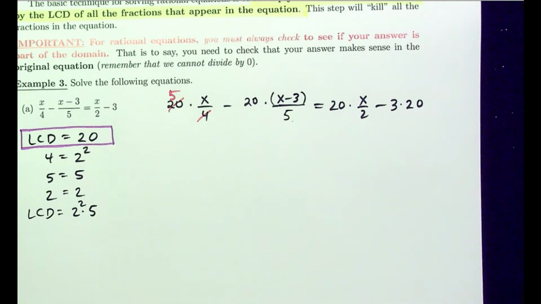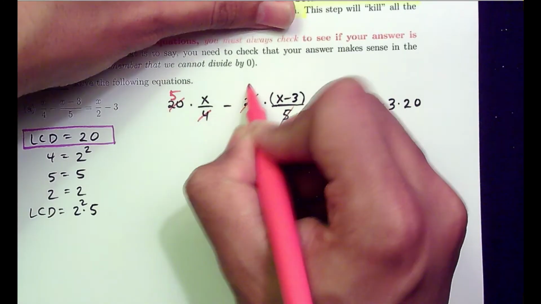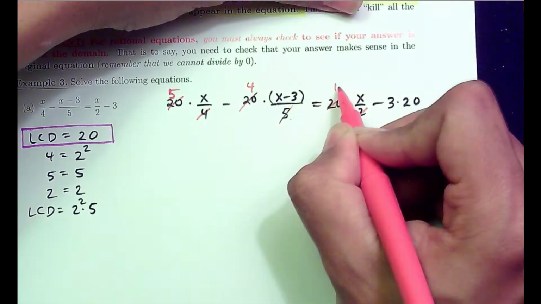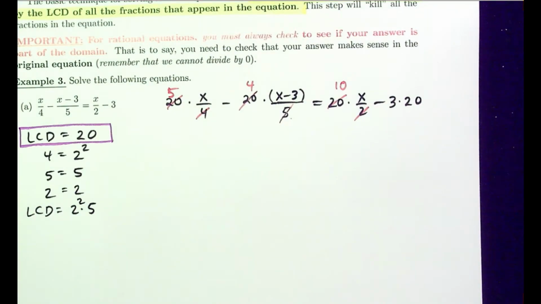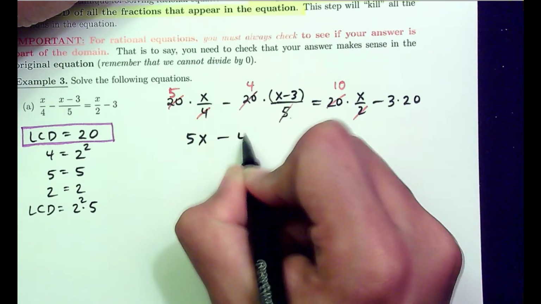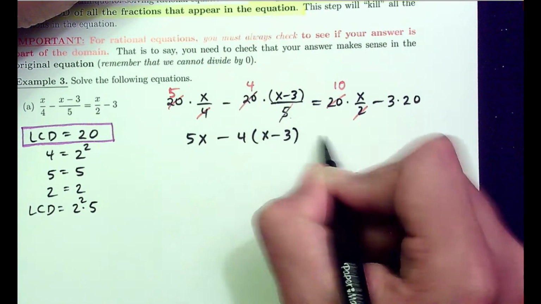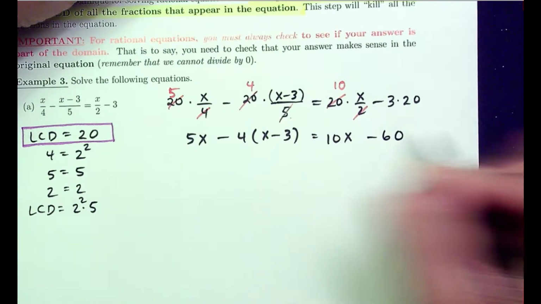Now, 20 divided by 5, that's a 4. And then 20 divided by 2, you get a 10. And that's it. Okay, let's write down what we have. We have 5x minus 4, parentheses x minus 3, equals 10x minus 60.